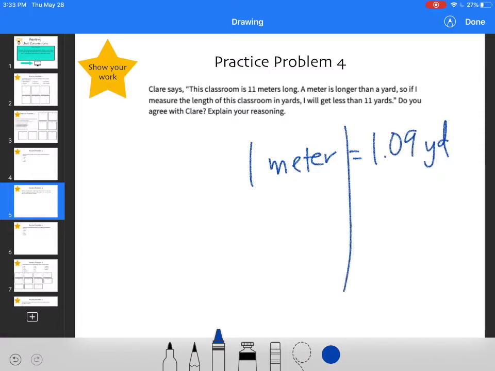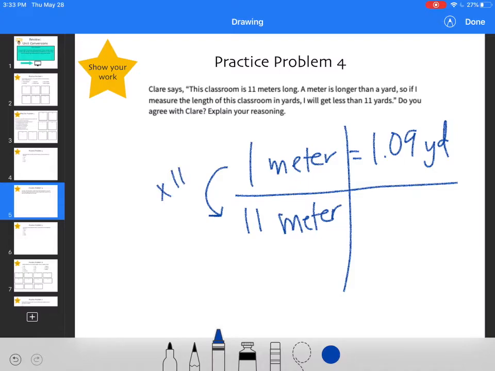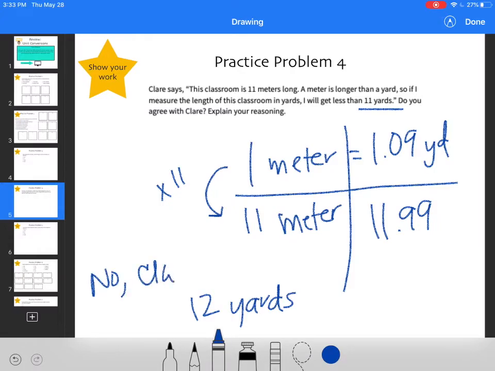So I know that if I have 11 meters, I'm going to multiply by 11. I'm going to use my calculator, and 1.09 times 11 is going to be 11.99, so almost 12 yards. So it says a meter is longer than a yard, so if I measure the classroom in yards, I will get less than 11 yards. So do we agree? No. Claire will get 12 yards.